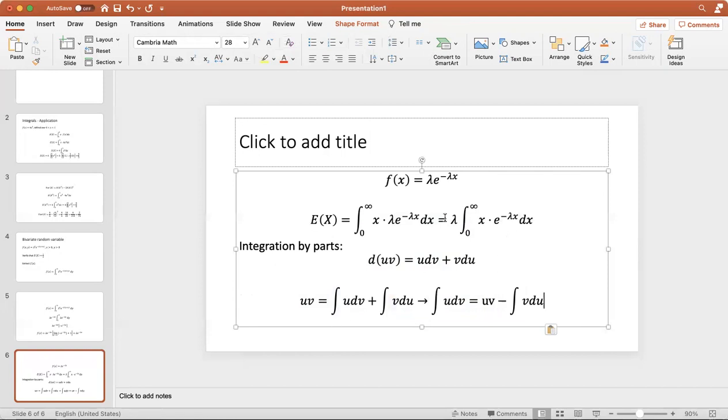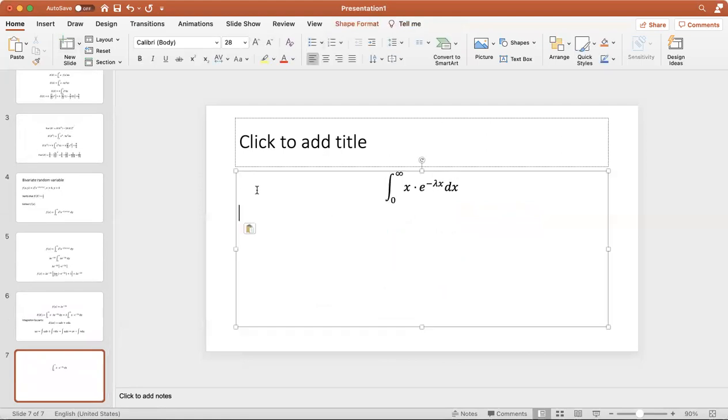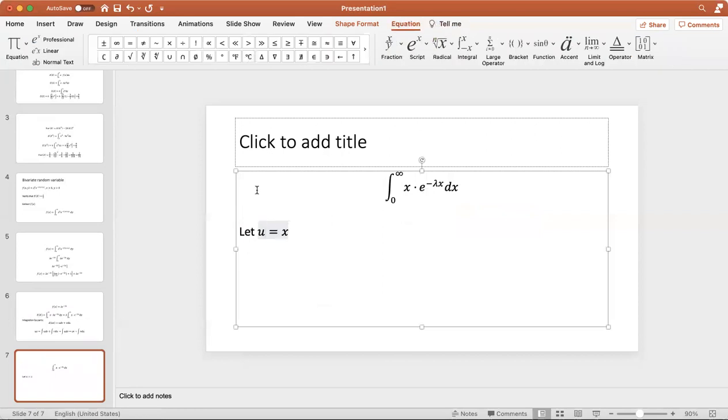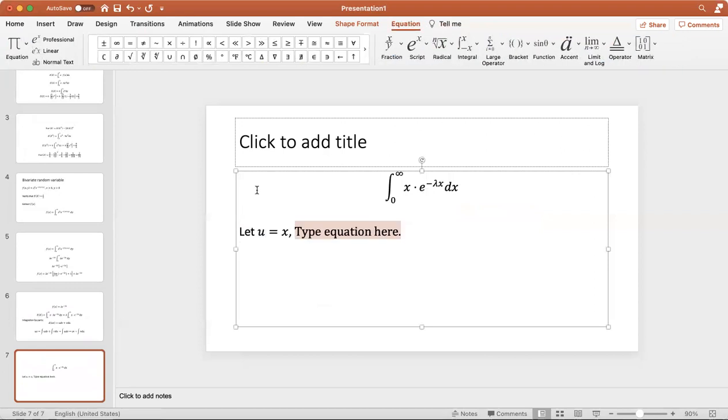So it's a matter of assigning which one will be the function u and which one will be dv. All right. So we have this integral, let's solve for this using integration by parts. We let u equal x. That would be the u function, and then we'll let dv be the second portion of the integral, which is e raised to negative lambda x dx.